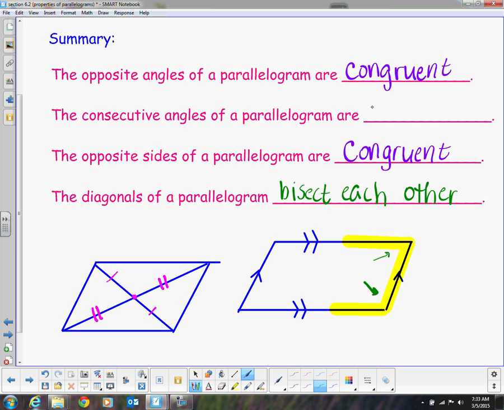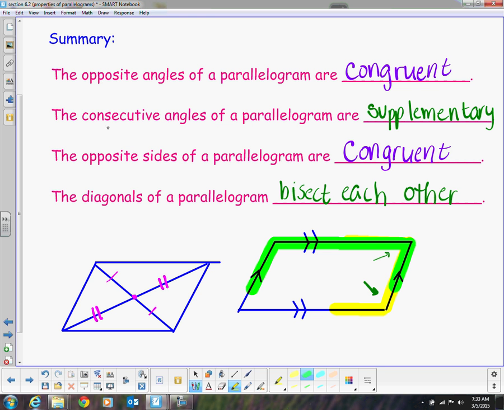They're supplementary. All right? And that goes back to our parallel lines. And it doesn't matter which pair you choose. These are parallel lines right here. Here and here. And if I were to draw this, what letters formed again? C. So consecutive means next to.